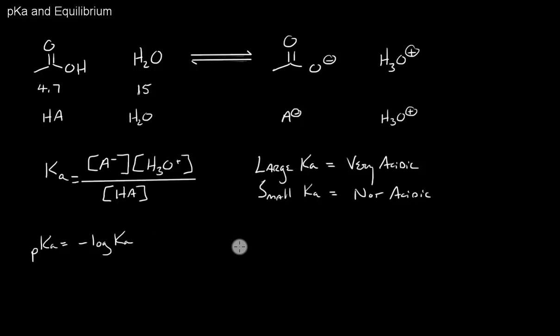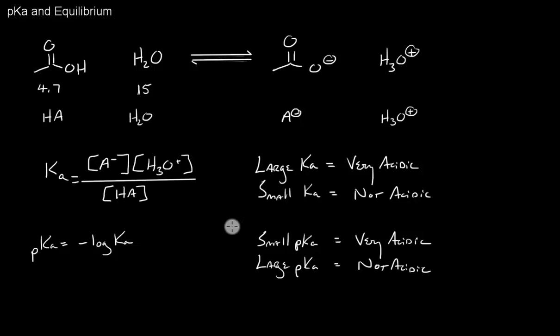And so what we'll find from that is that we have an inversion of this relationship, where you actually have small pKa's, again basically exactly what we found for the halogen examples in the previous module. Small pKa's are going to be very acidic, and large pKa's are going to be not very acidic.